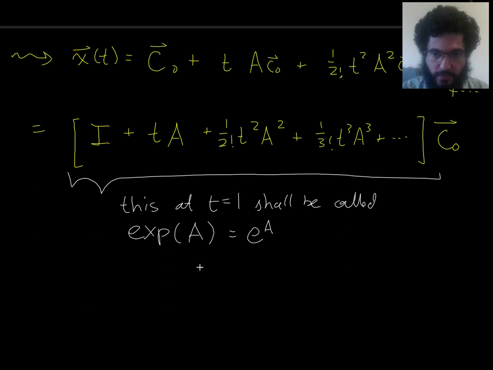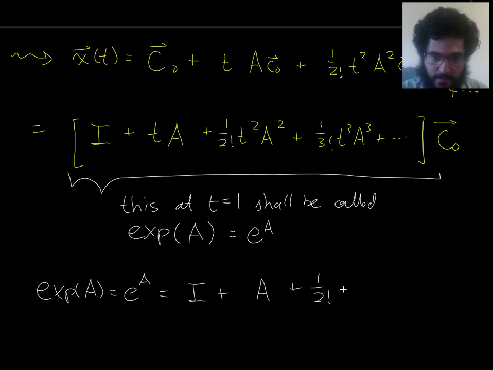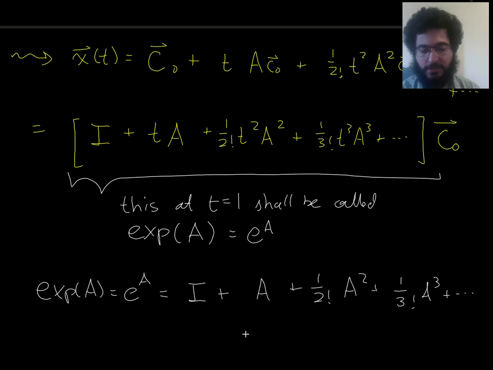So let me just write the definition clearly once here. The exponential of A, also written as e to the A, a little bit strangely, is this series where I'm plugging in t equals 1 here. That's the exponential of a matrix.